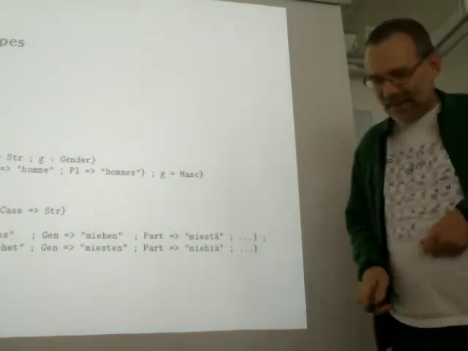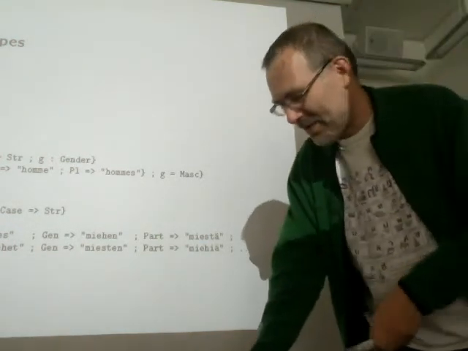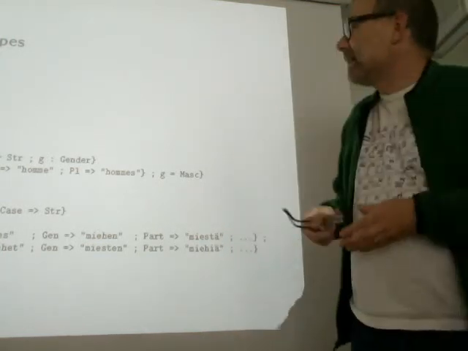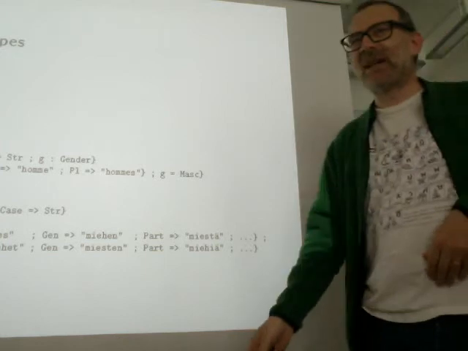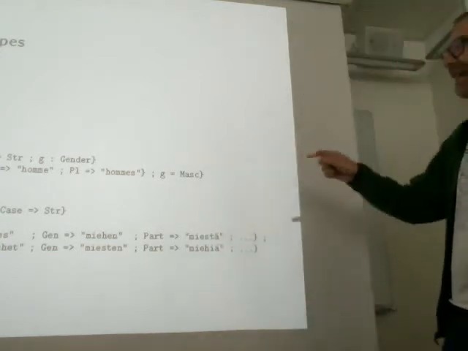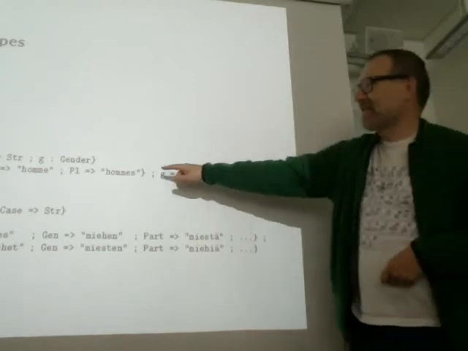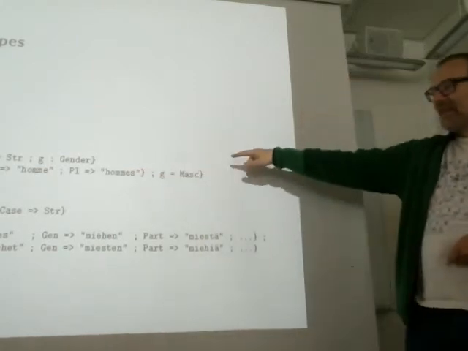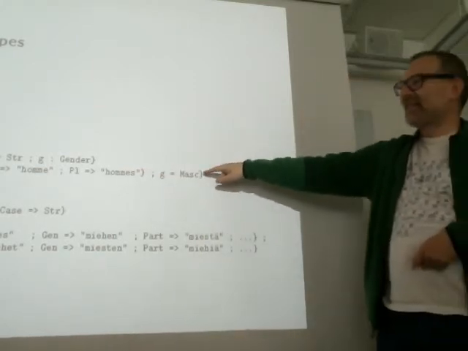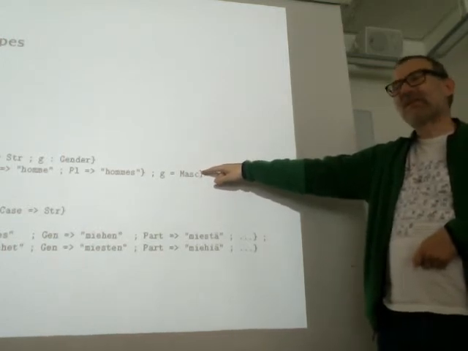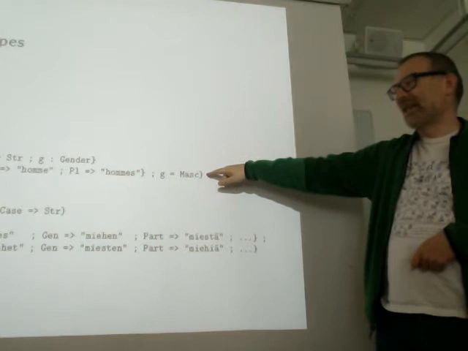Then the linearization type in French, for instance, is a record where you have the table for the two number forms of man, and then a field for the gender. And then, if you write it all out explicitly, the lexical entry, which means the linearization rule for man in French, looks like this.